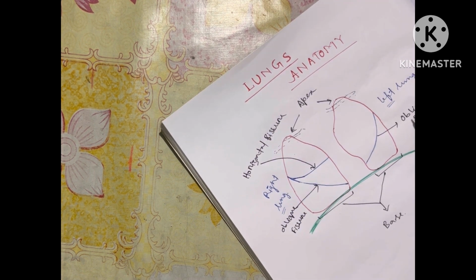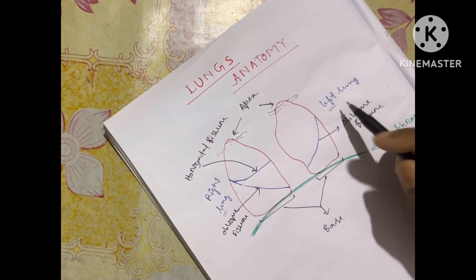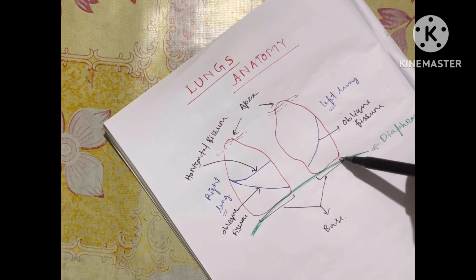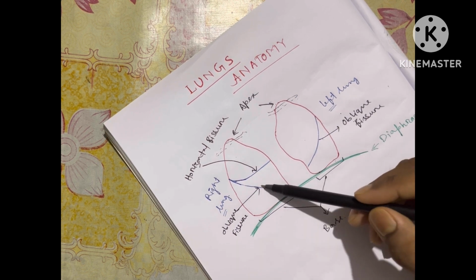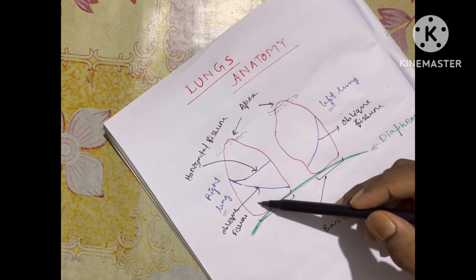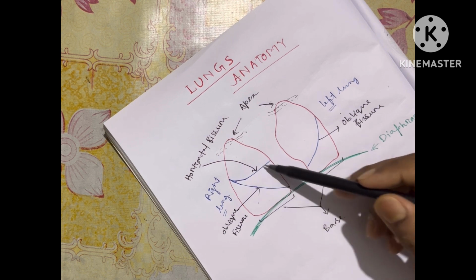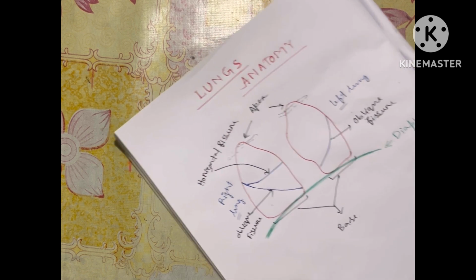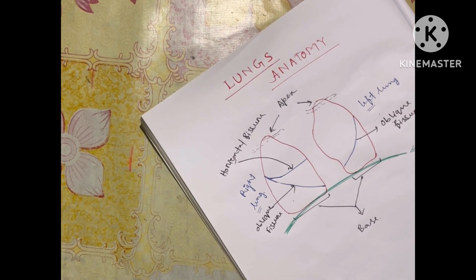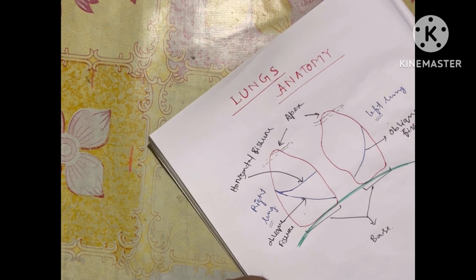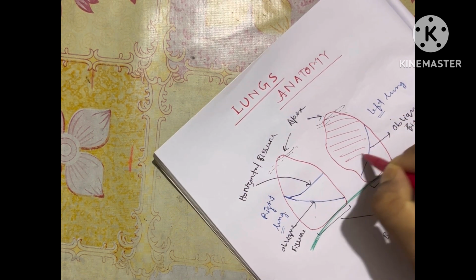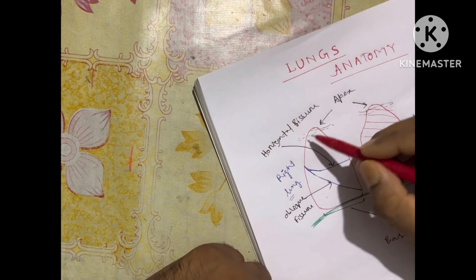The oblique fissure present in our left lung divides the left lung into two segments. The features present in our right lung divide it into three different lobes or segments. So what is the name of each segment? First we go one by one.